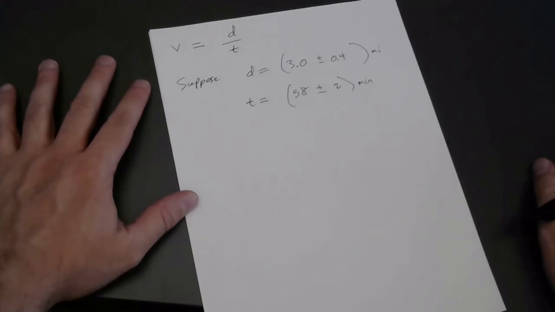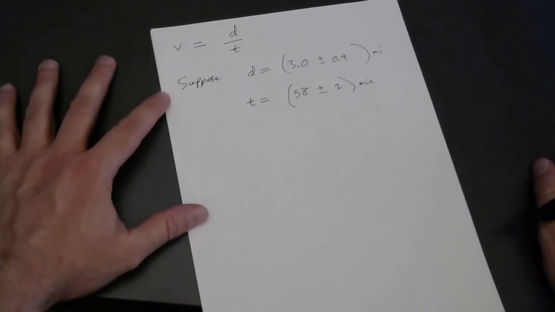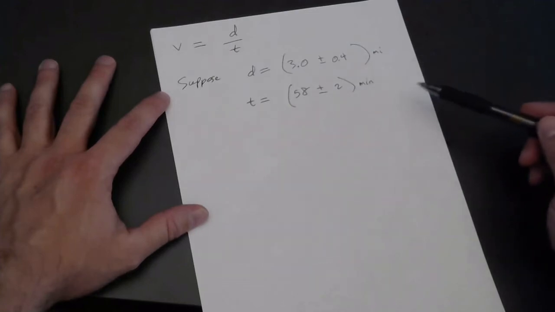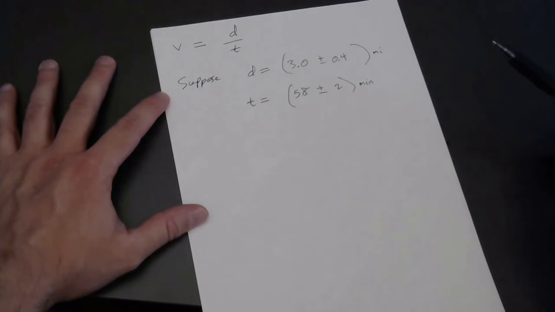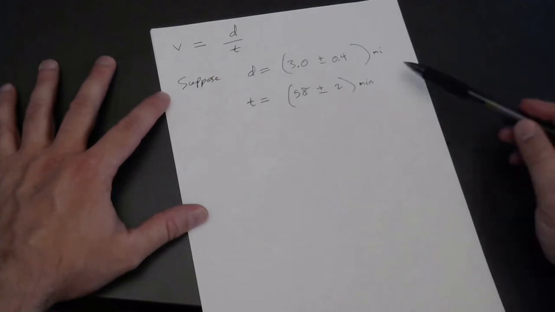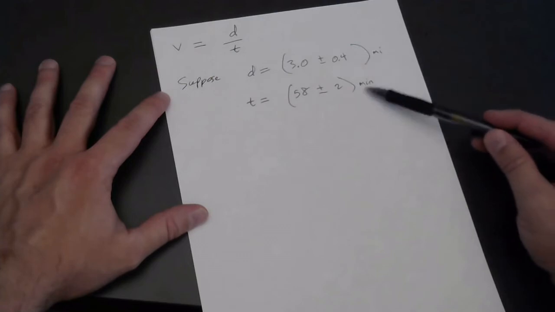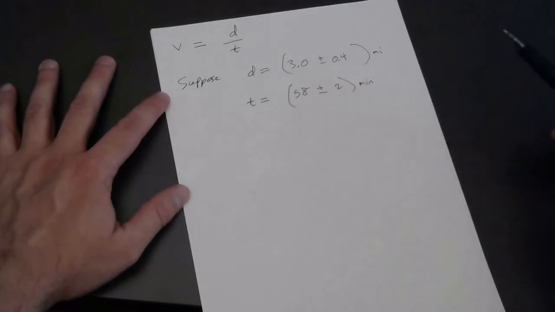And I'm realizing normally we express speed in miles per hour, but I've gone with the units of miles per minute. So I'm going to do this whole problem in those units, and at the end I can convert to miles per hour. So don't be confused by MI for mile and MIN for minutes.